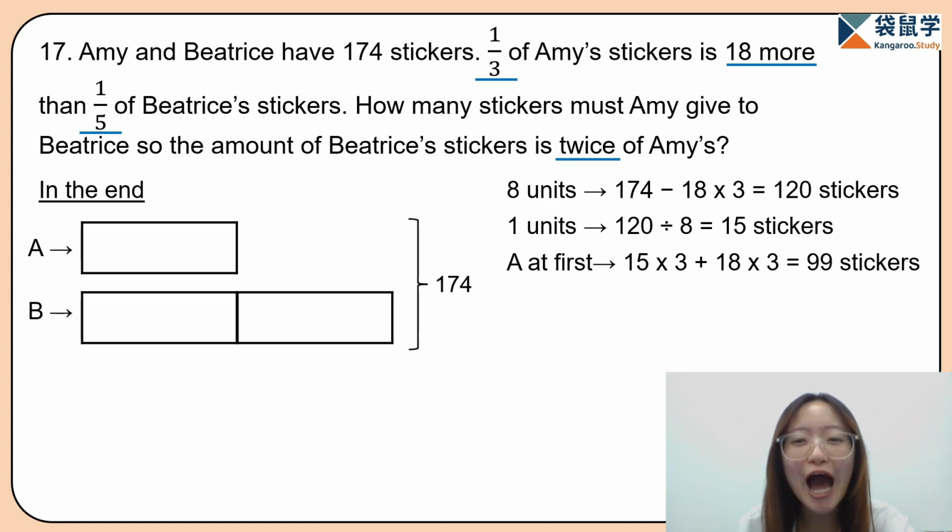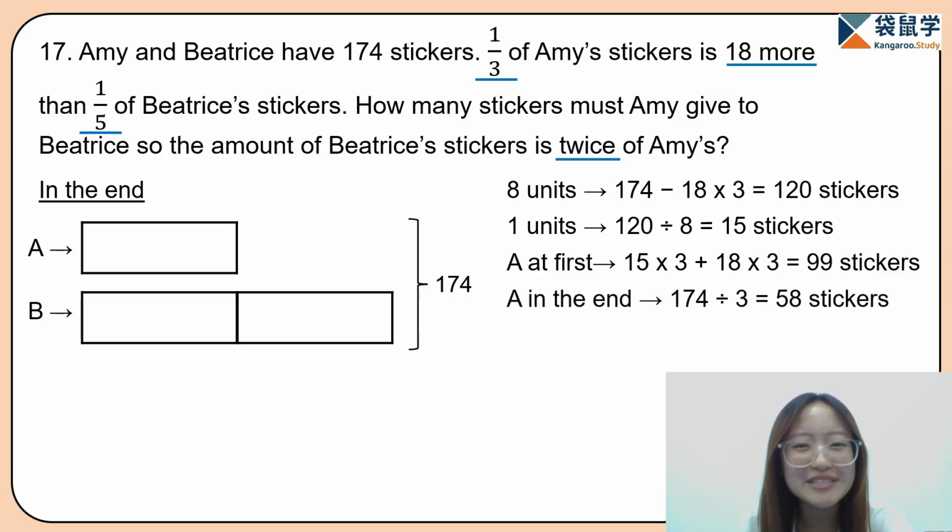So since we found how many Amy had at first, we can find how many Amy had in the end. So how can we find this? We can just find what is one part, which is 174 divided by 3. And that will give us 58 stickers.